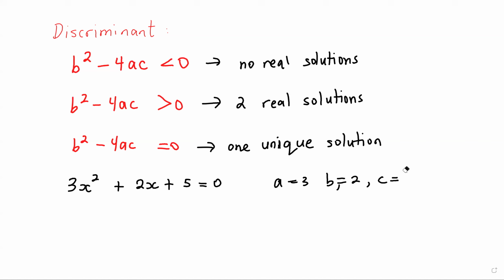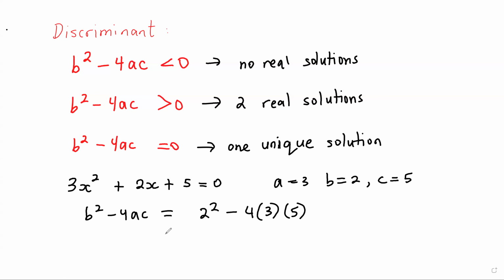So if I want to use the discriminant to determine whether this quadratic has a solution or what type of solution it has, I'll substitute A, B, and C into b squared minus 4ac. So wherever I have B, I'm replacing it with 2. So this will be 2 squared minus 4 multiplied by A, which is 3, multiplied by C, which is 5.